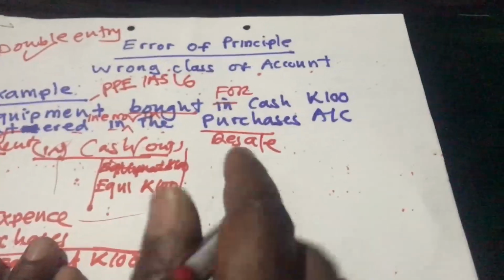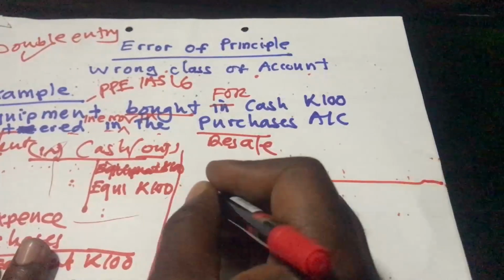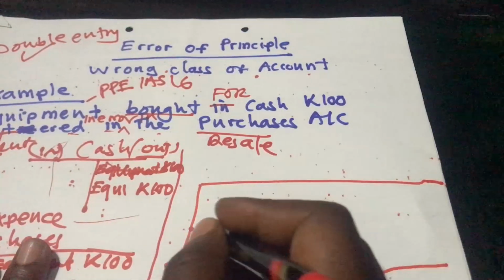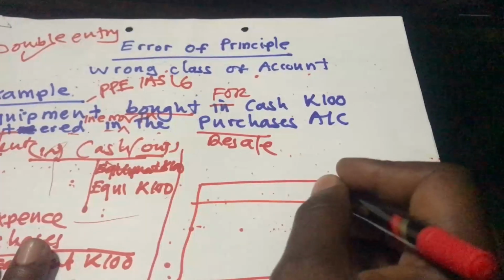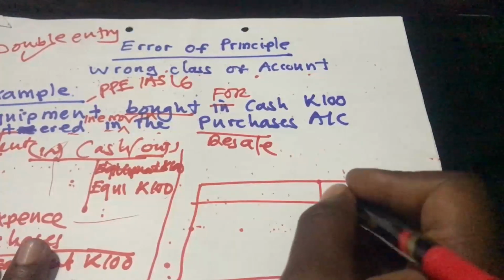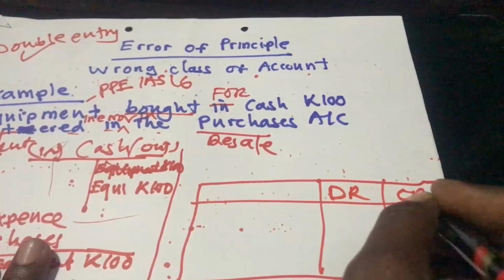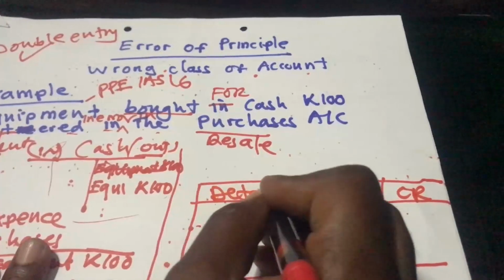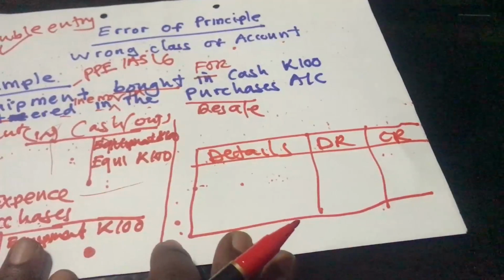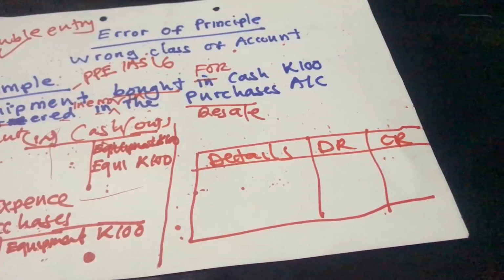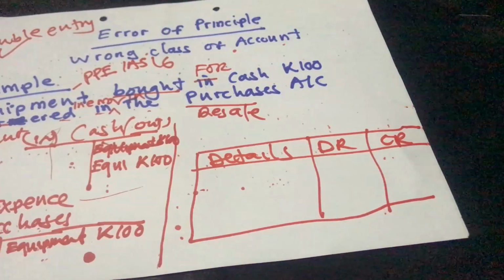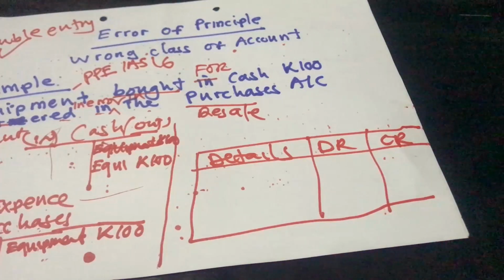So now, like I said, when you are writing the journal proper, you only write correction entries, not correct entries. So the entries which you posted to correct the error.